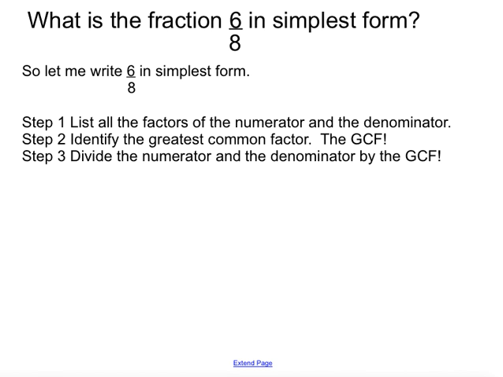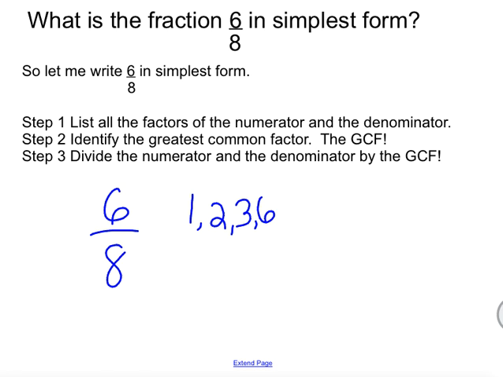All right, so we're going to simplify with factors. We're going to list all the factors of the numerator. The numerator in this case is 6. So I list all the factors of 6: 1, 6, 2, and 3.